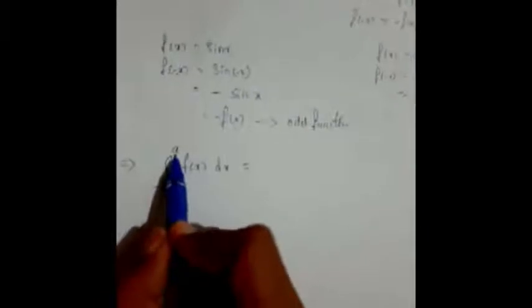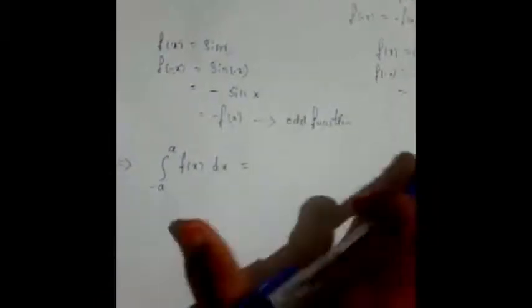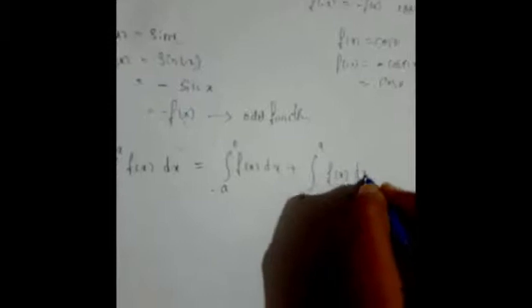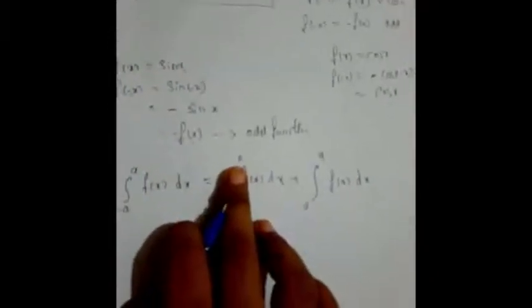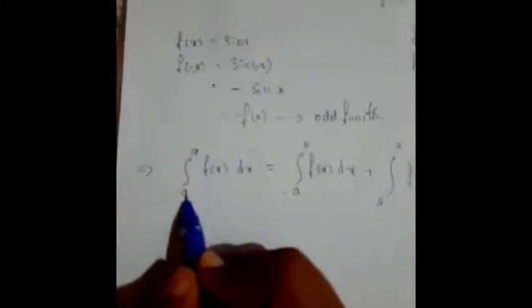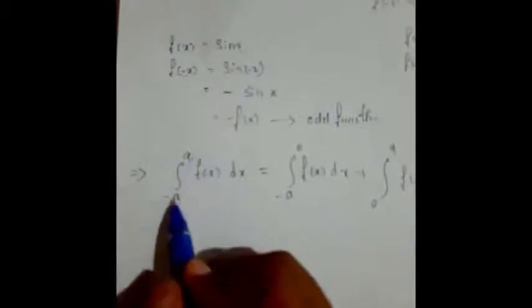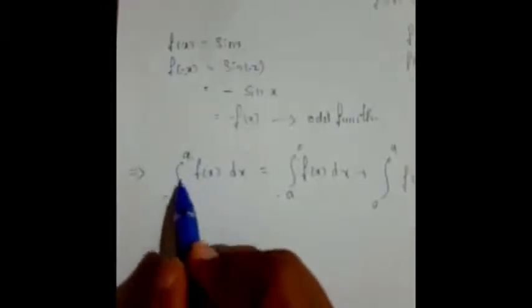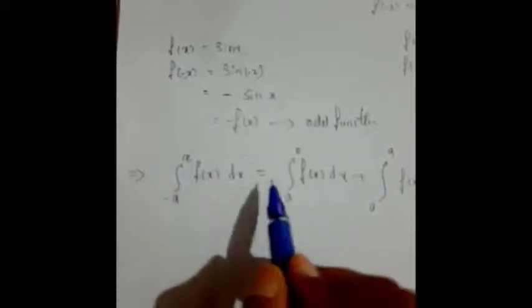We can split this as the integral from minus a to 0 of f of x dx plus the integral from 0 to a of f of x dx, the splitting method. Why do we have to take 0 only? Because these two are the same function, suppose this a is minus 4 and this a is plus 4. Exactly the midpoint of minus 4 to 4 on your number line is 0. That's why we are splitting this.